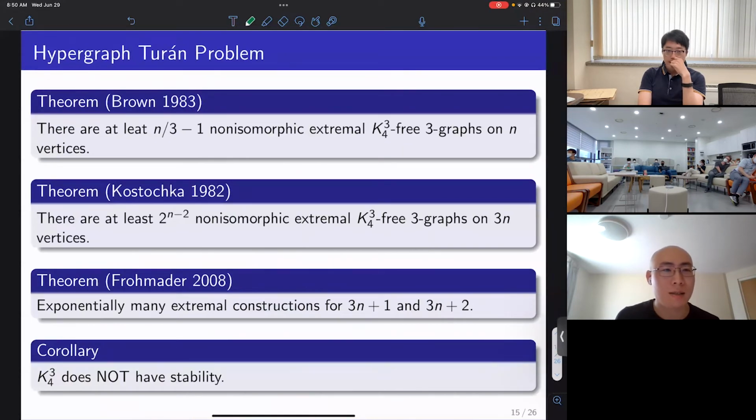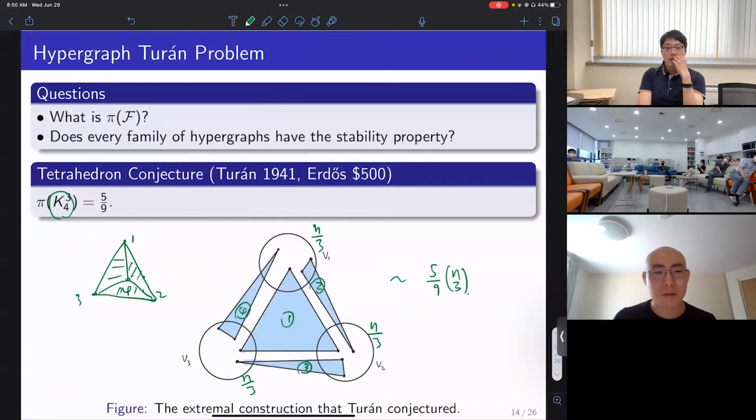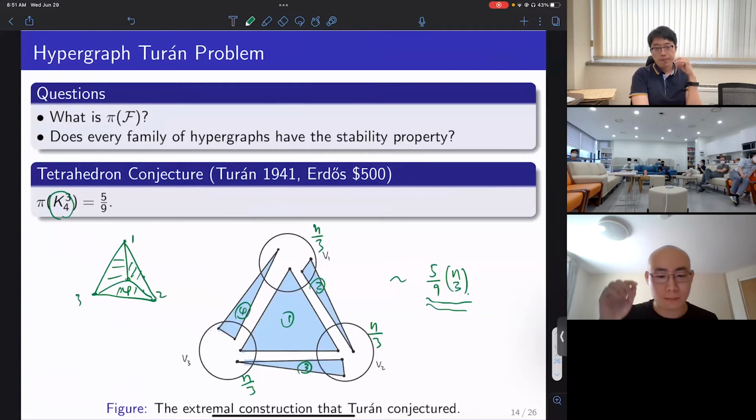So why is it so hard to solve this conjecture? Because Turán's conjecture is not exactly correct, meaning except for this construction, there are in fact many other constructions which achieve this bound, meaning with this many edges, but with a different structure.